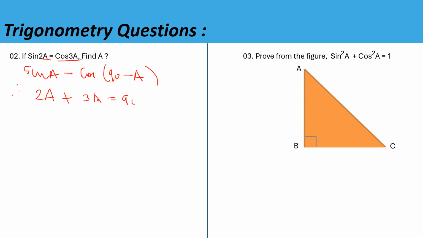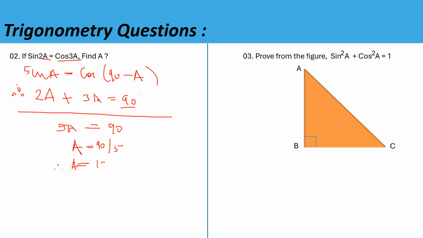Now if we have this equation, we can do 5A is equal to 90, then A is equal to 90 divided by 5, therefore A is equal to 18, right?